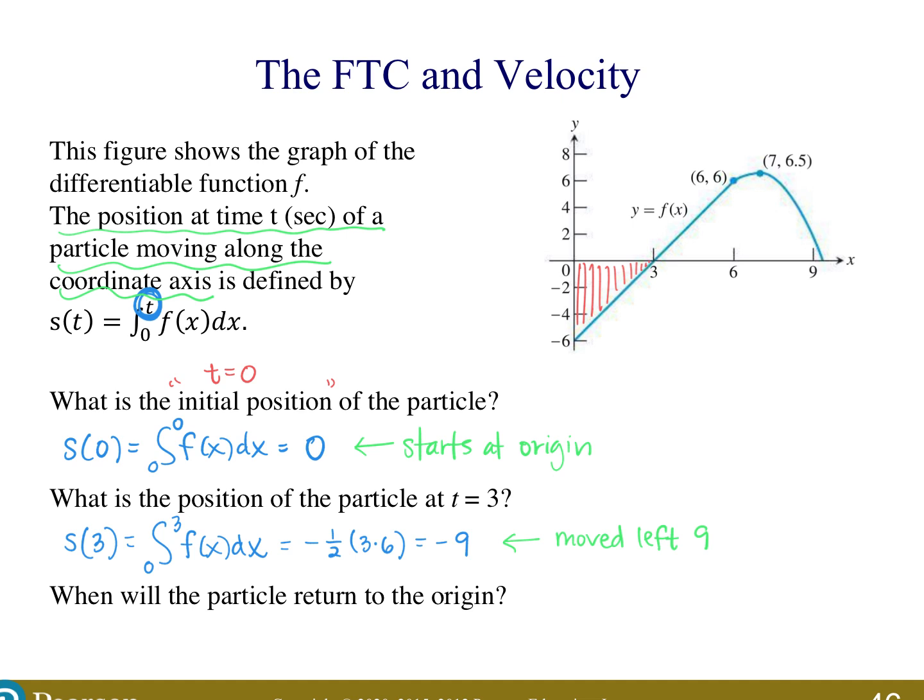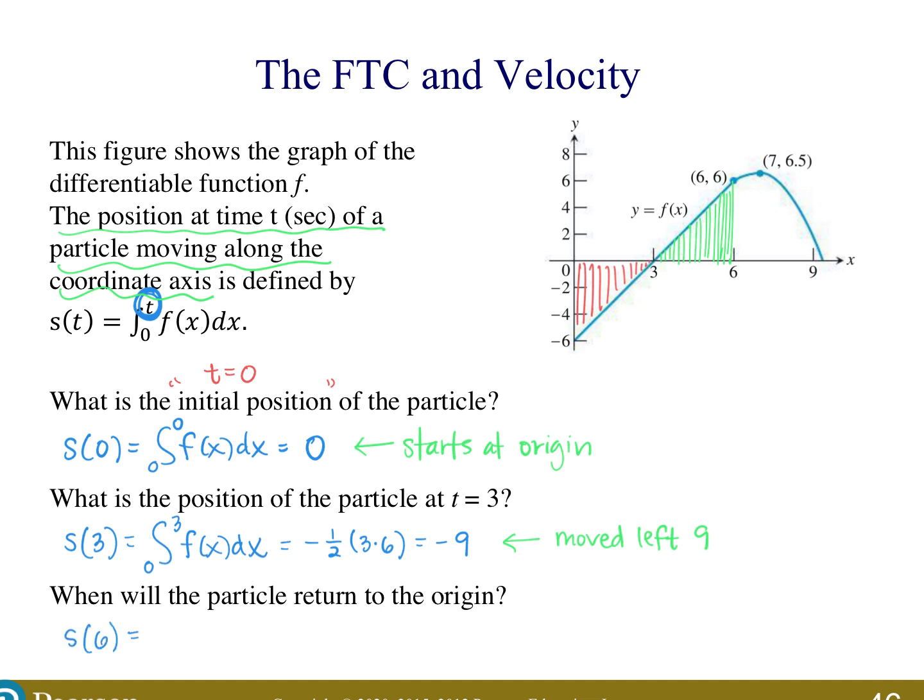To follow up, to finish it, when will the particle get back to the origin? When will it return? Well, if it's moved 9 left, it's got to move 9 right to get back to the origin again. And so if I follow the area, I will be moving 9 right in that next triangle, which is equivalent. Okay, we have symmetry going on here. So the particle will return to the origin at S of 6.